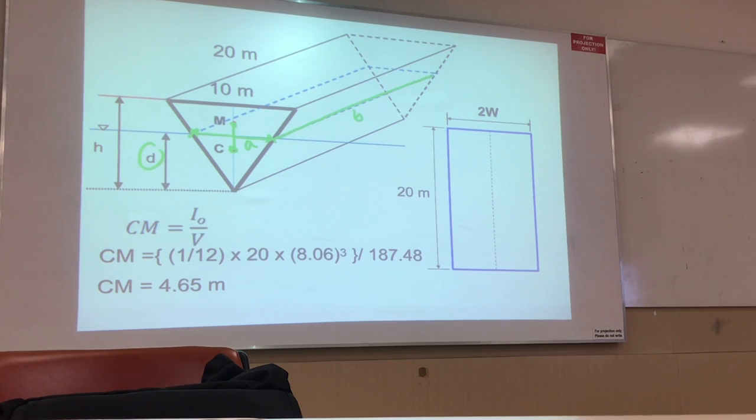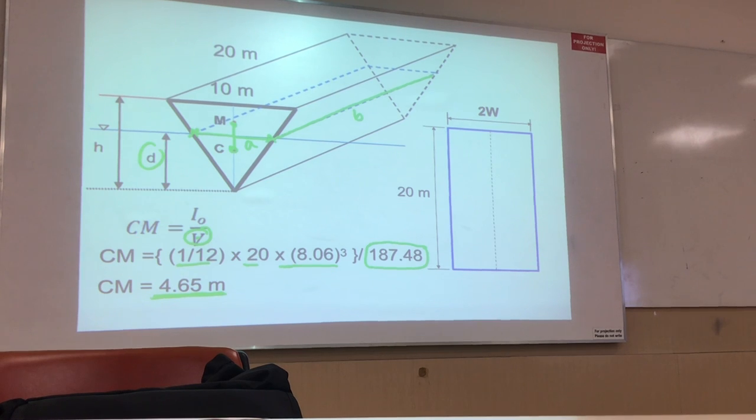And I can find CM as I naught by the volume of displaced water. Okay, so I naught is 1 over 12 B A cubed. I told you before, and this indicates the displaced water volume. For CM I can get 4.6.